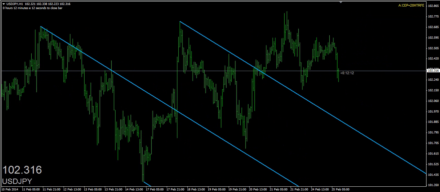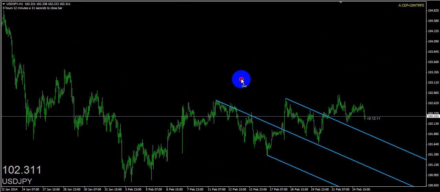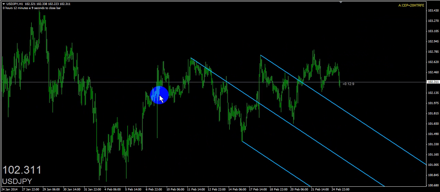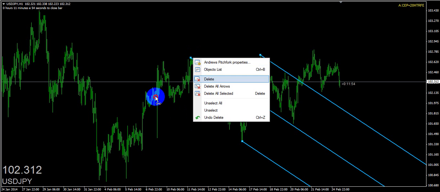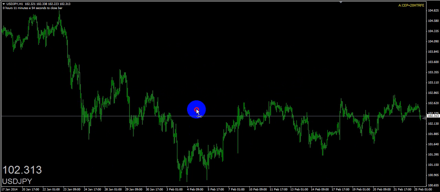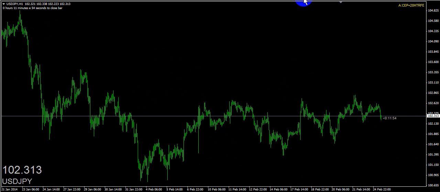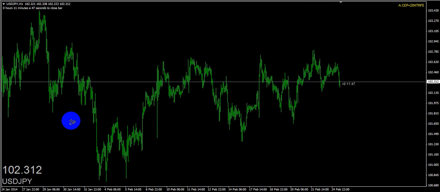One moment. So what we're going to do is zoom out a little bit and see what we can find. So this blue fork is working okay, but it's not really giving us anything that we can look at right now. So let's take it off and start to try to hunt. We can use the previous fork that we drew on the 4-hour chart.